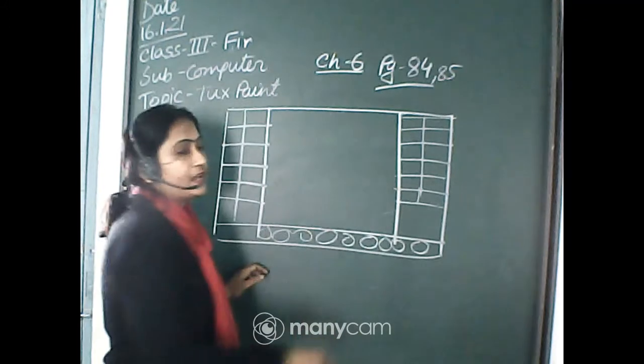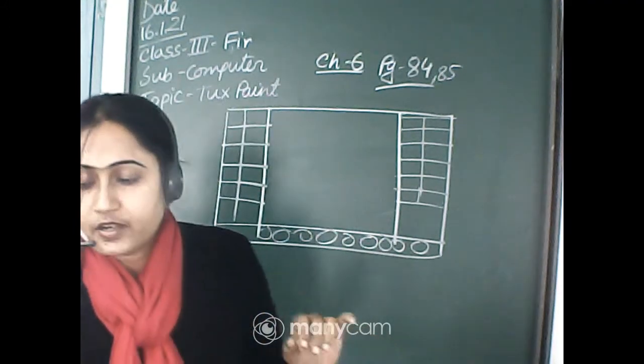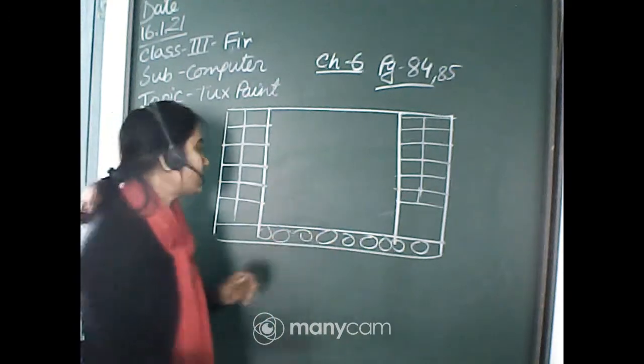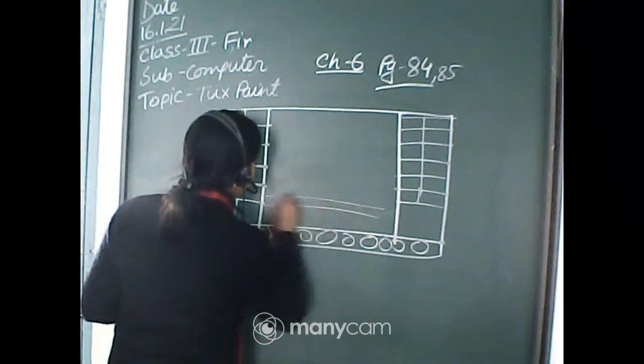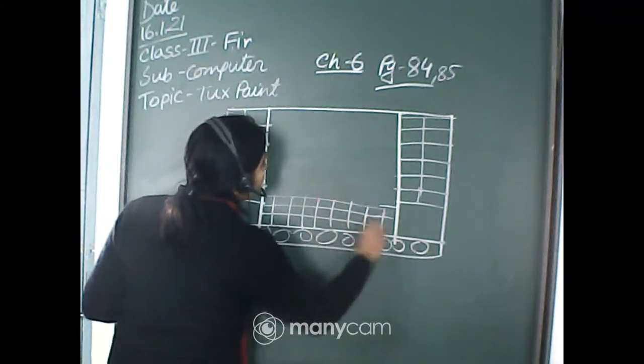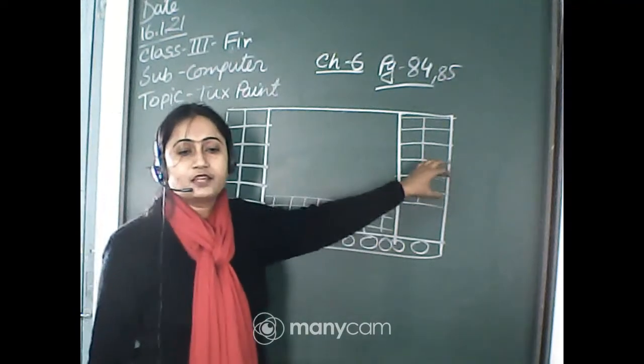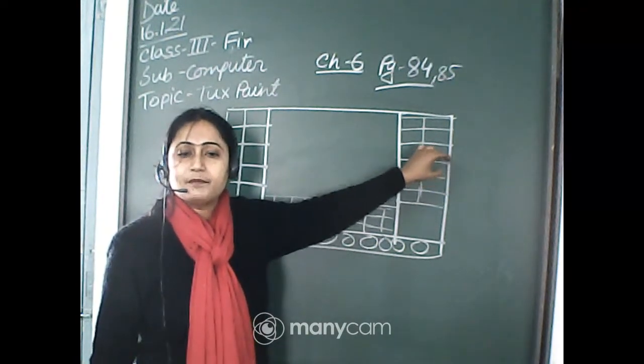Suppose you want the tornado. Select the tornado effect. Using the brick effect you can make bricks in your drawing, and using the brick tool you can make a wall in your picture. Tornado is a magic effect.